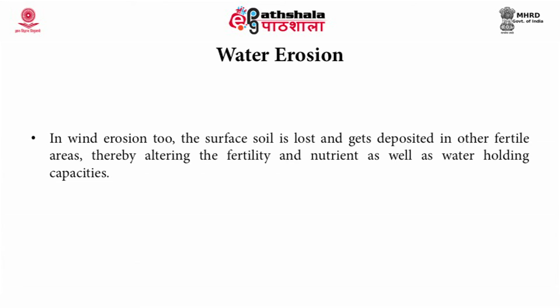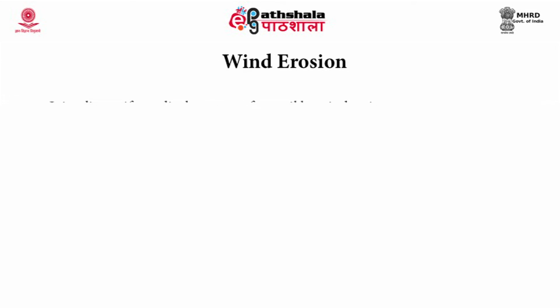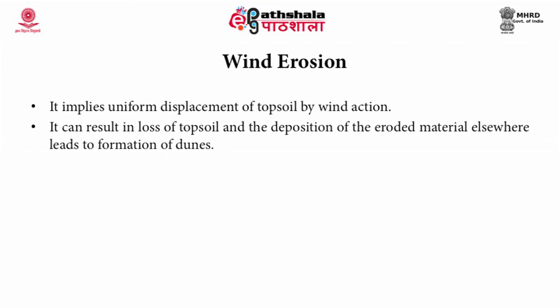In wind erosion too, the surface soil is lost and gets deposited in other fertile areas, thereby altering the fertility and nutrient as well as water holding capacities. Next is wind erosion, which implies uniform displacement of topsoil by wind action. It can result in loss of topsoil and deposition of eroded material elsewhere, which leads to the formation of dunes.